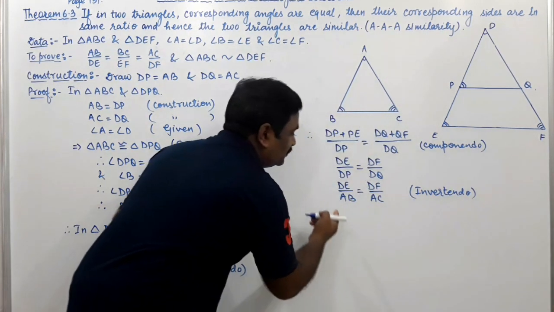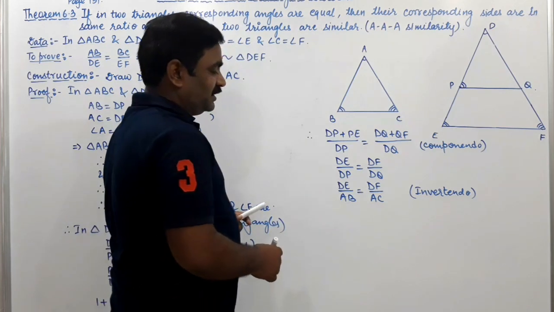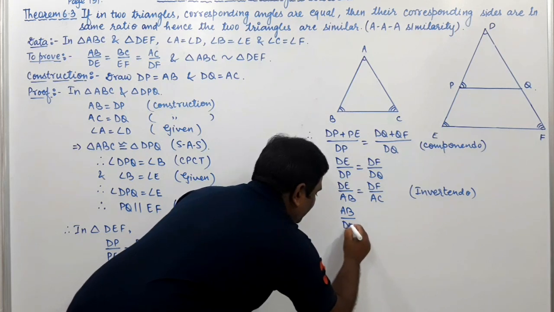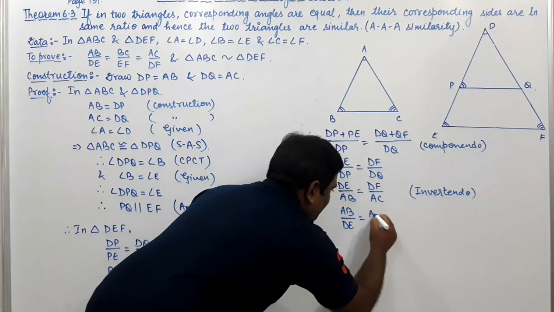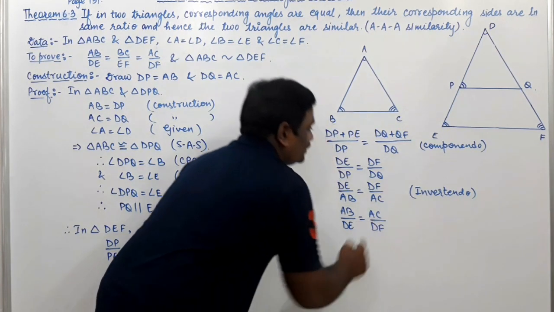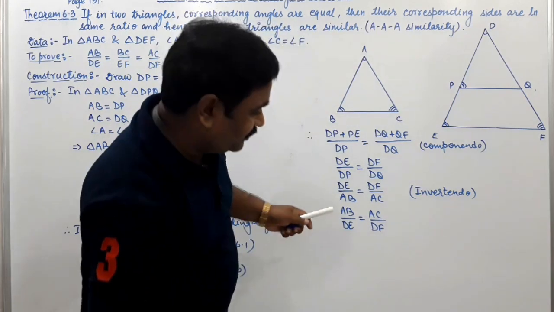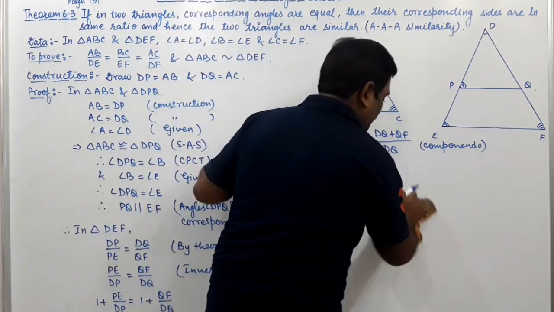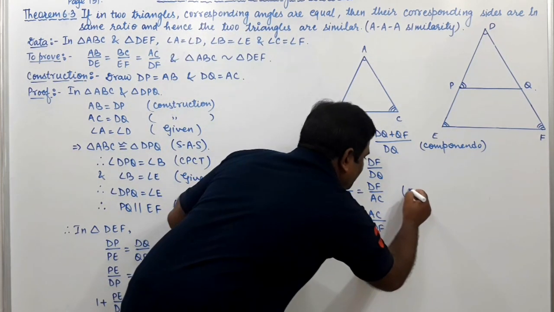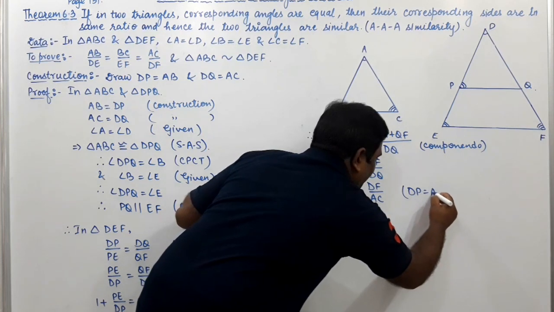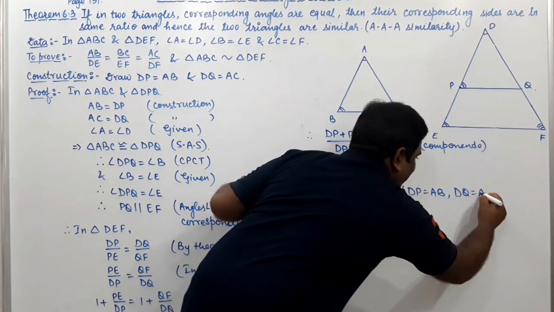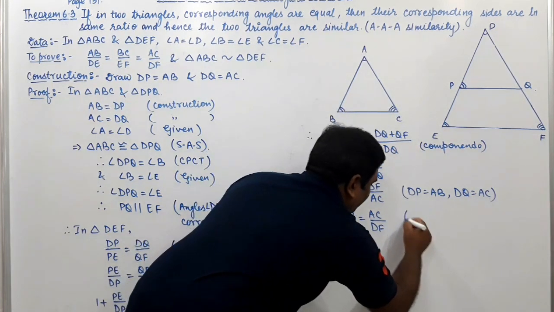Now if you invert it, you will get AB upon DE equals AC upon DF, right? The reason here is invertendo: we inverted it, but here we have written DP equal to AB and DQ equal to AC. This is the invertendo.